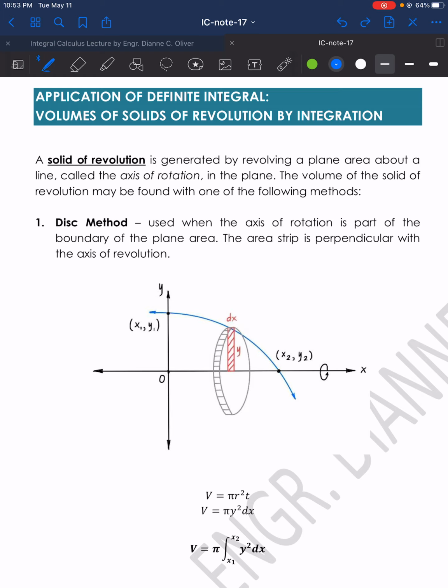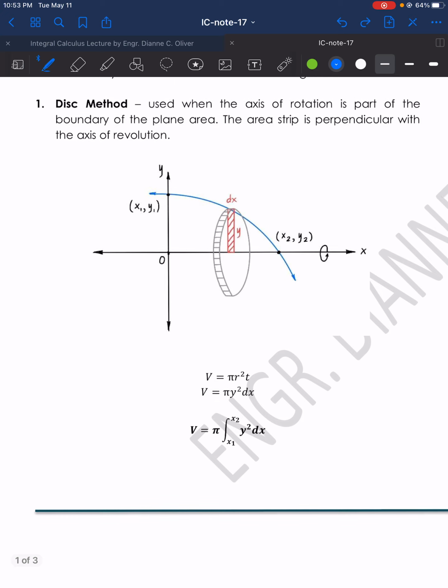Now how do we get the volume of a coin? So here is the formula. The volume of a coin is equal to pi multiplied with the radius squared and the thickness of the coin or the disc. Now using the area strip, we will have the volume as pi y squared, y being the radius, and dx being the thickness of the disc or the coin.